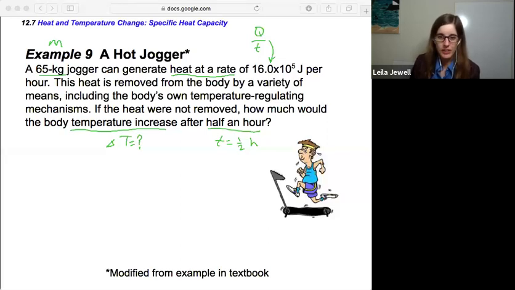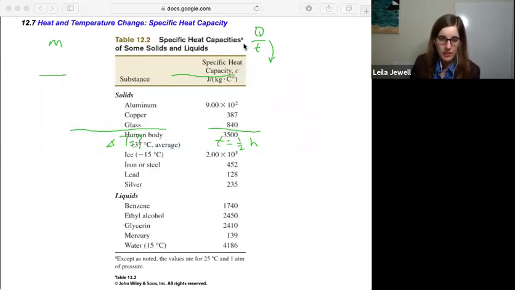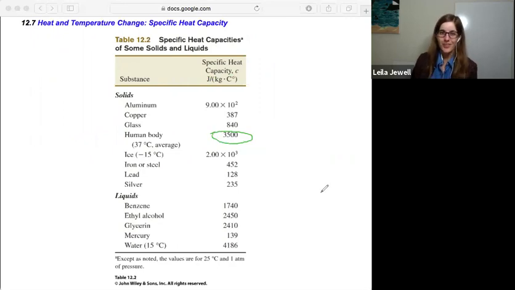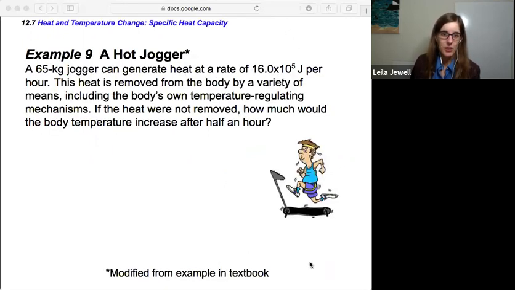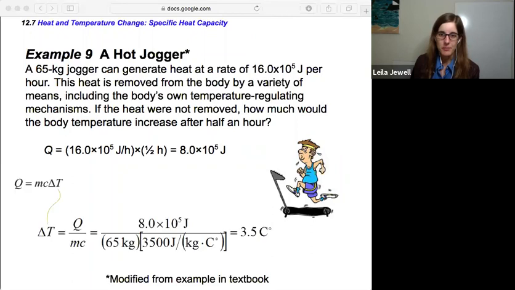If we look back at the previous slide, the human body is right in there. Look, human body, 3,500, great. Because it's a human body, we can take that value and run with it, and we'll be in good shape to solve for delta T.